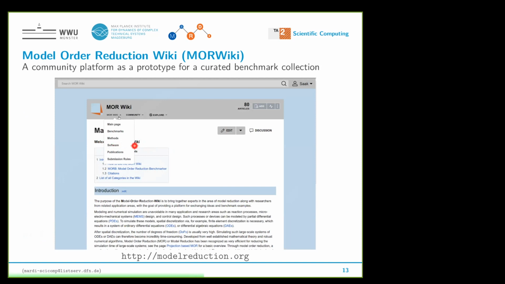And we have a list of available software packages that implement these methods, but also collect the relevant publications, for example. And in order to be able to have a good collection of benchmarks, we have certain submission rules that already make sure that the models follow certain standards so that maximum interoperability is achieved by that. And you can find it at modreduction.org.